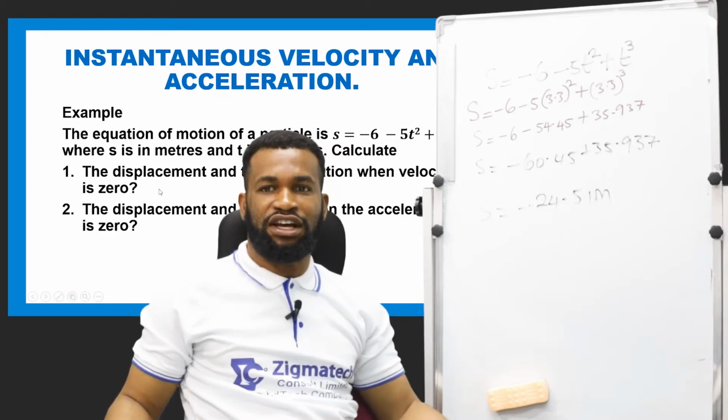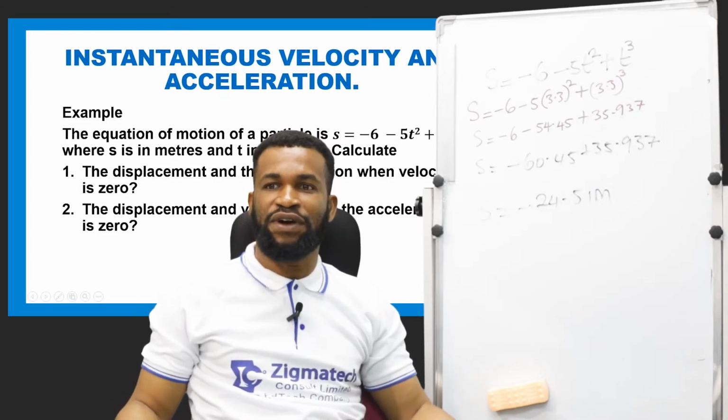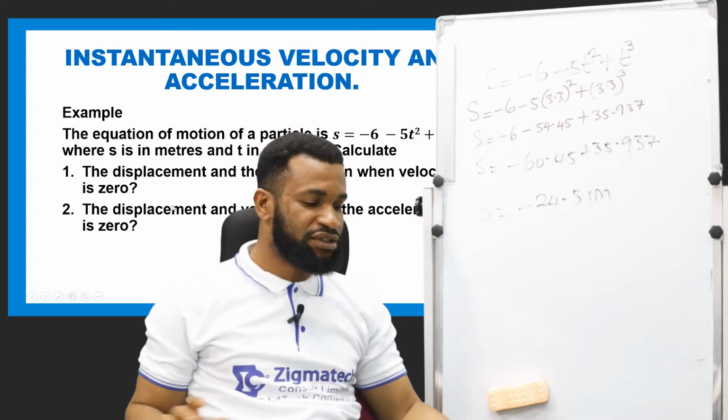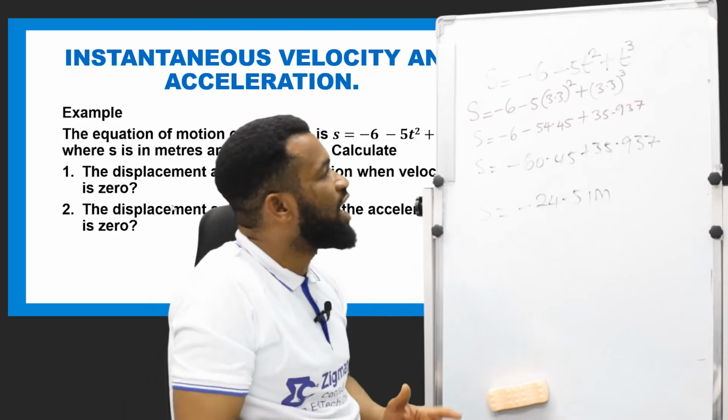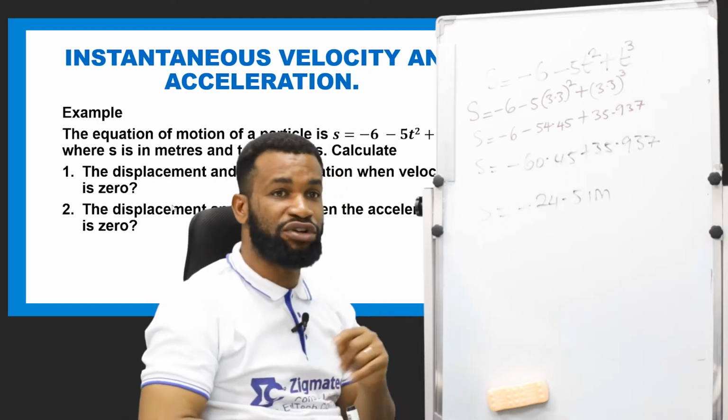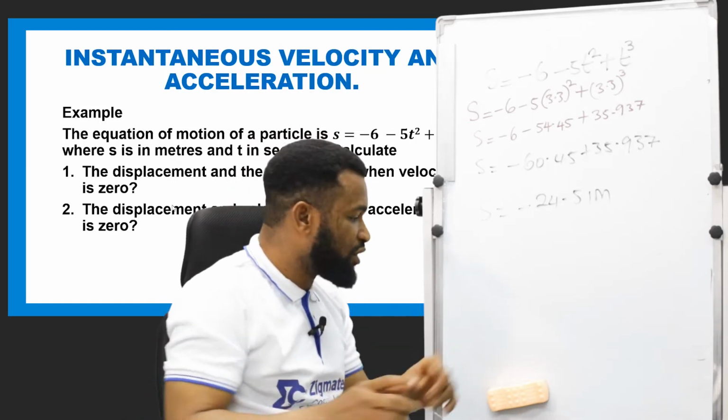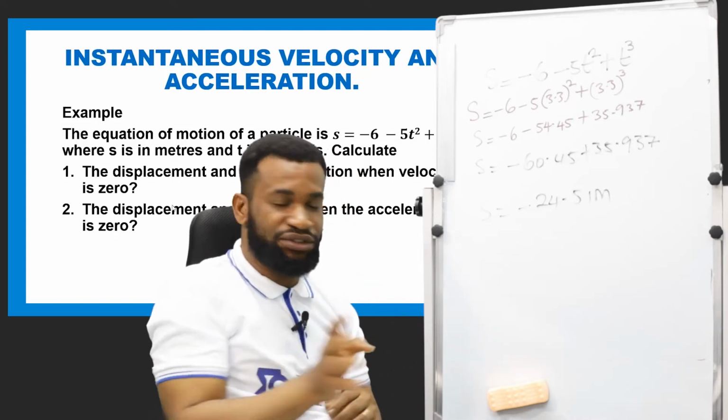Okay, now another question there said that we should find the acceleration when velocity is 0. How then do you find acceleration from here? You also have to differentiate again. You are going to do double differentiation.